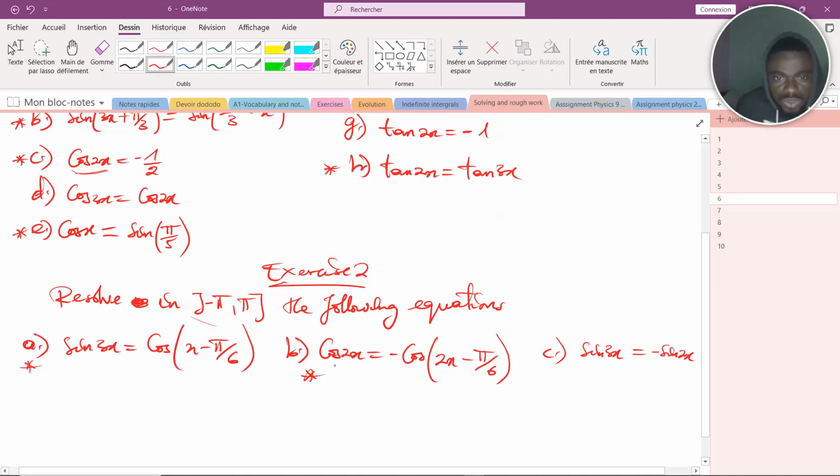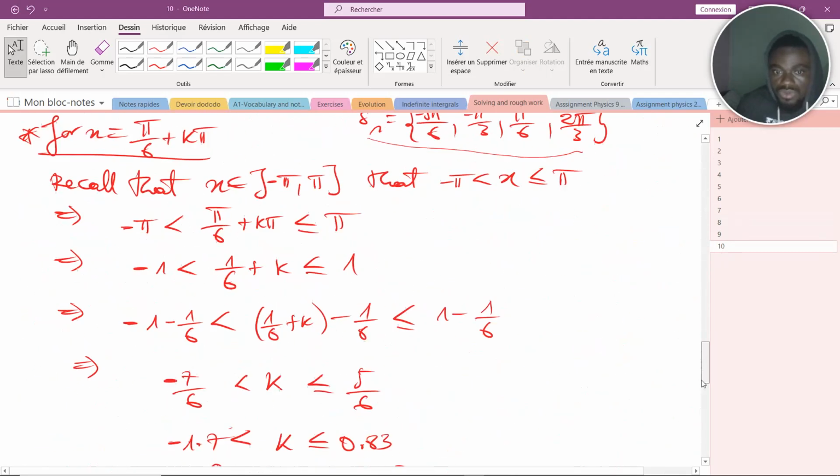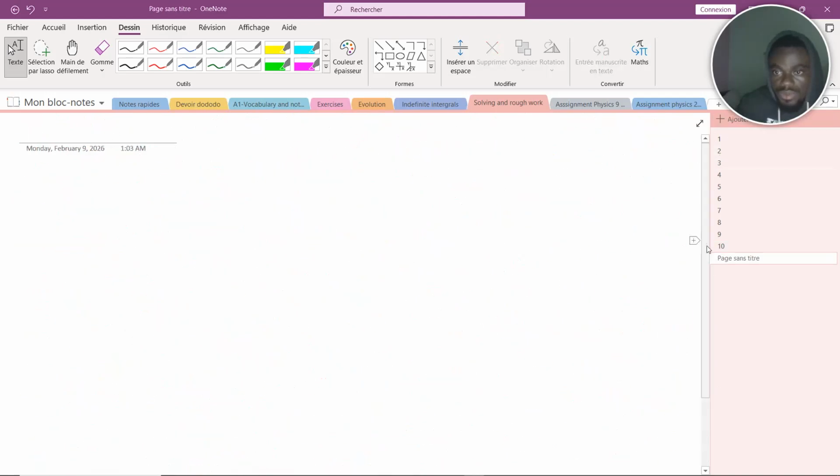So the next one we have to solve is cos 2x equals minus cos of (2x minus pi on 6). Let's create another sheet of paper. This is page 11, I create another one, 12.